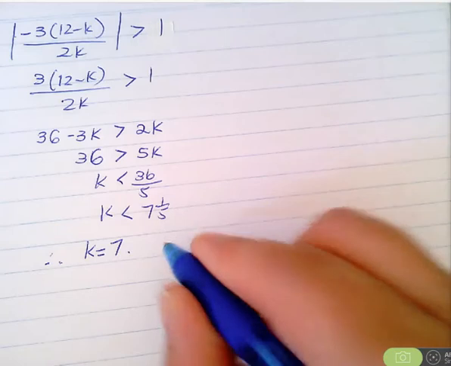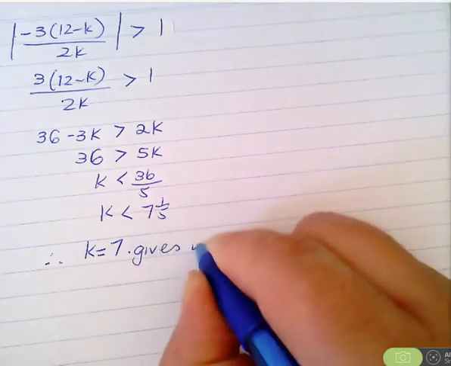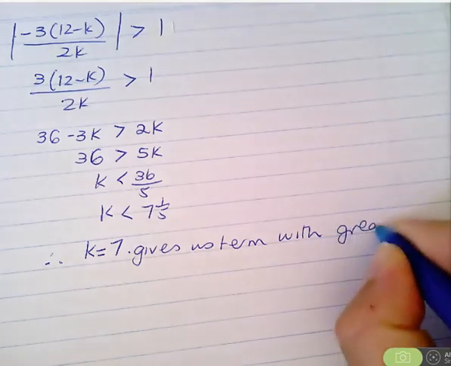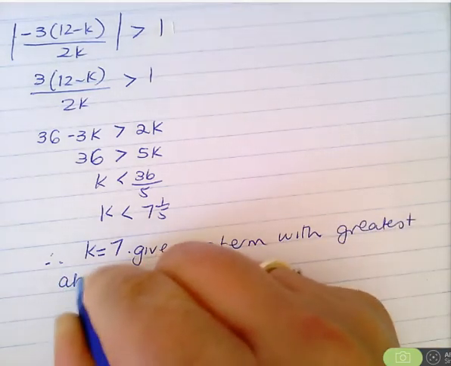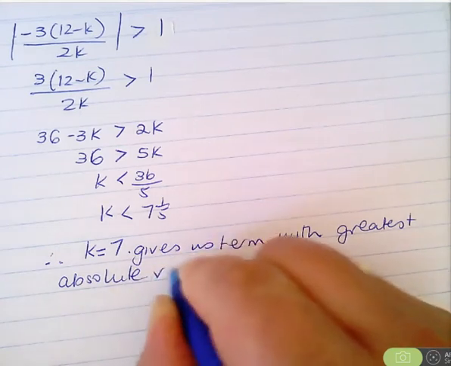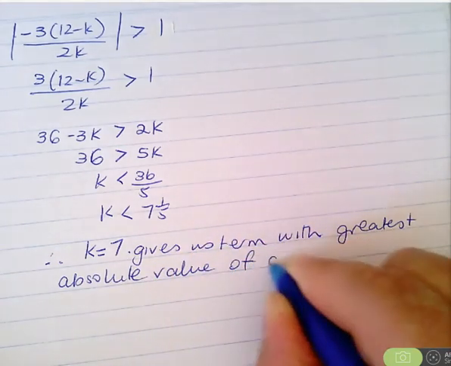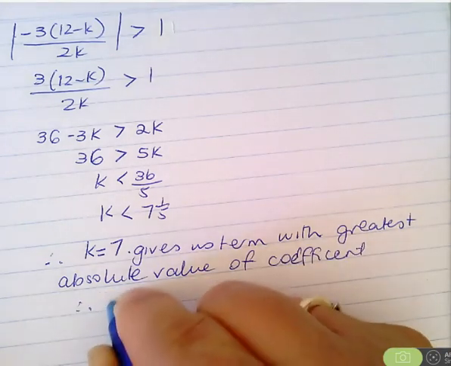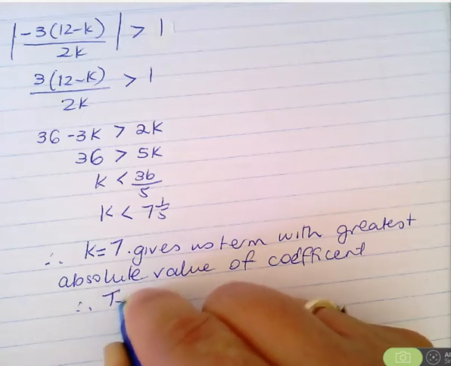So k equals 7 gives us the term with the greatest absolute value of coefficient. So therefore, this will be the 8th term, t of 7 plus 1.